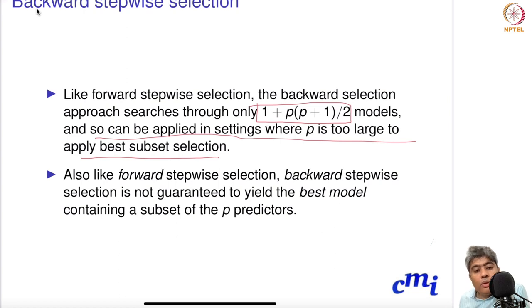Also like forward stepwise selection, backward stepwise selection is not guaranteed to yield the best model containing the subset of p predictors. It can miss the best model as well, because you are making some approximations now.